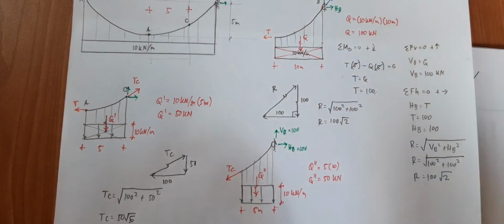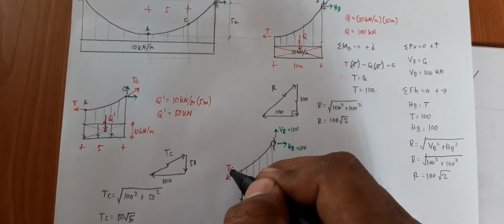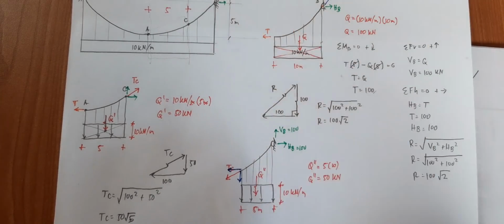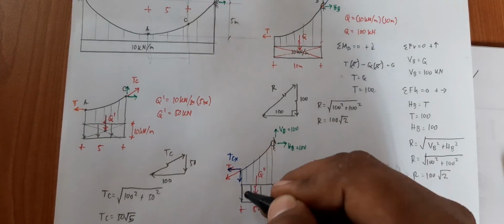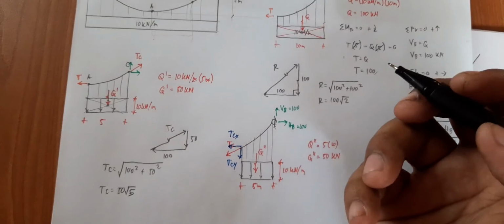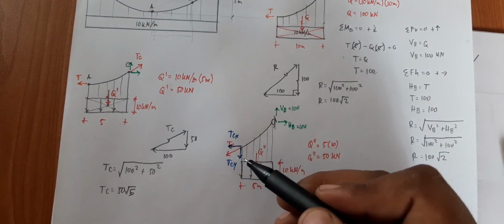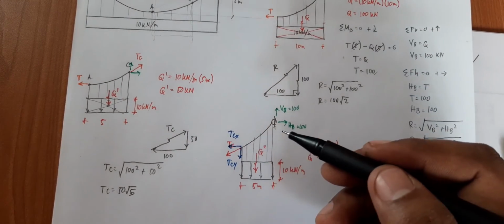With this, you can break down your TC into its components. You would have the horizontal component for TC and then the vertical component for TC. Let's denote your horizontal as TCX and then vertical as TCY. You can make use of these components to calculate your resultant, or your tension at C, later on.